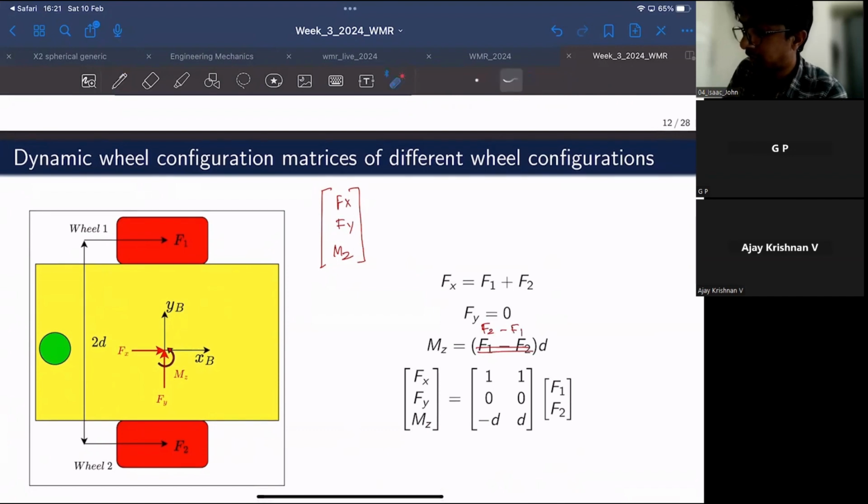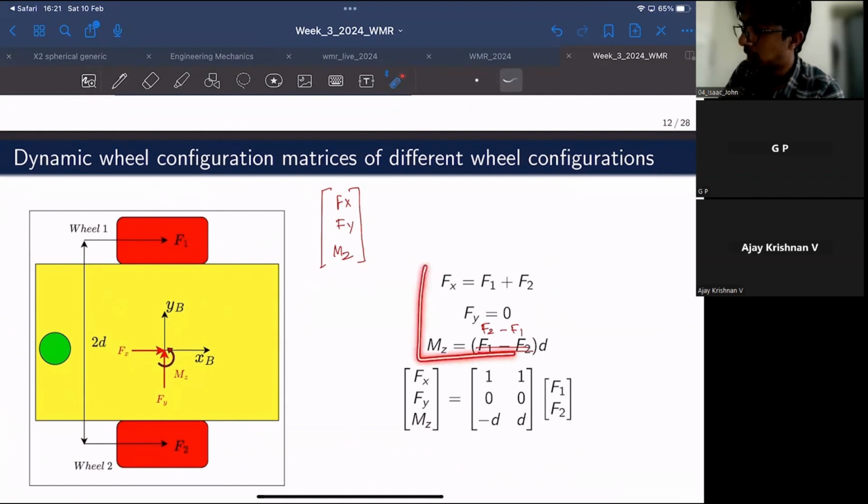Because if F1 is along this direction and your rotation center is here, it will contribute a clockwise moment, and F2 will contribute a counterclockwise moment. So the moment about this axis would be minus F1 d plus F2 d.